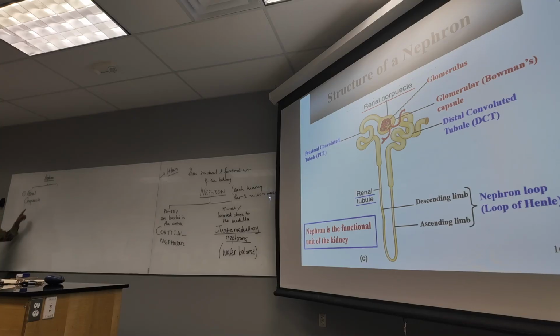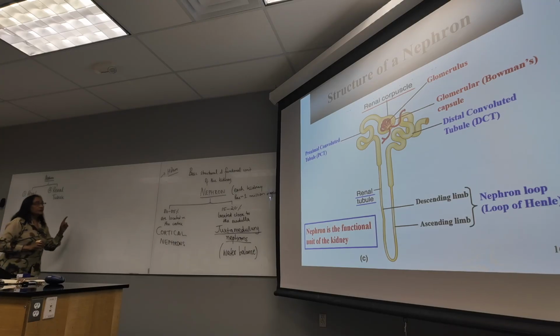Renal corpuscle, the C is silent, okay, renal corpuscle. The second part of the nephron is called the renal tubule, because it's a microscopic tube, so it's called a tubule. Okay, so this is the starting point, renal corpuscle, and then a renal tubule.